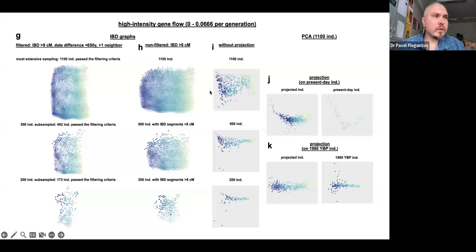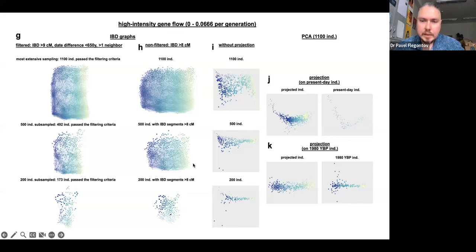So for accurate reconstruction of isolation by distance landscapes, we need very dense sampling in space and time, but we can approach this problem successfully with IBD graphs. But here and in later parts of my talk, I contend that we cannot approach this problem with PCA.